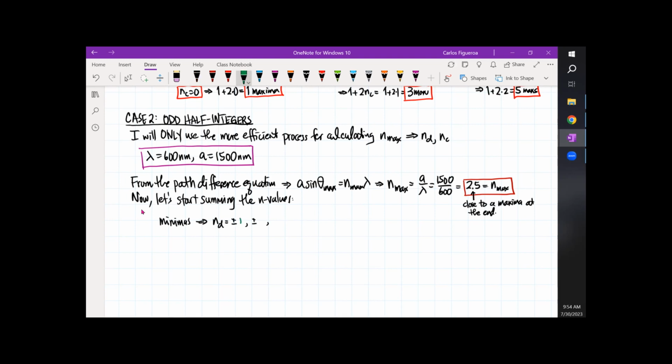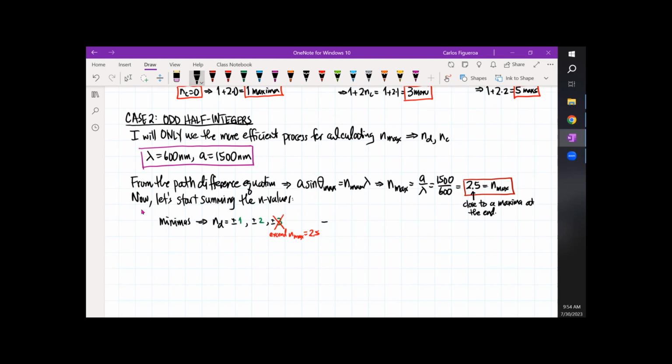So I go 1, 2, and remember, I have to go until I exceed 2.5. 3 exceeds it, so we exceed Nmax equal to 2.5, and the sequence stops.